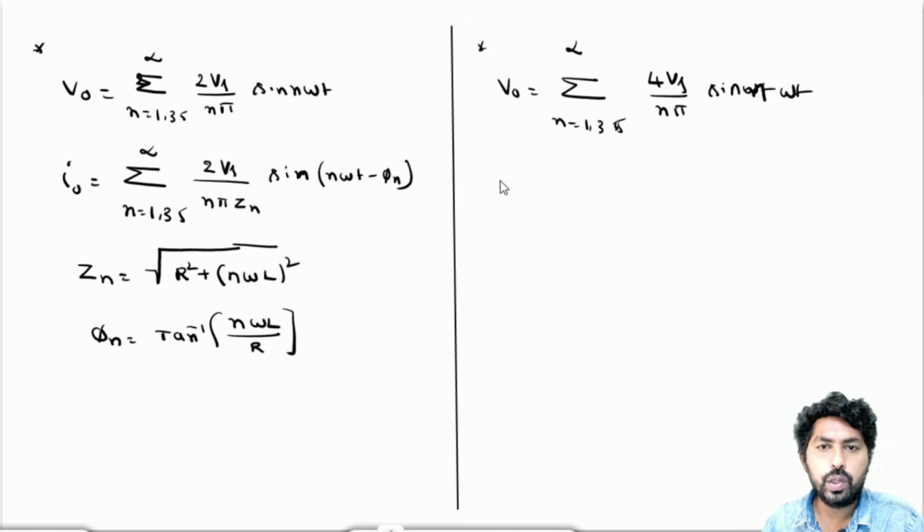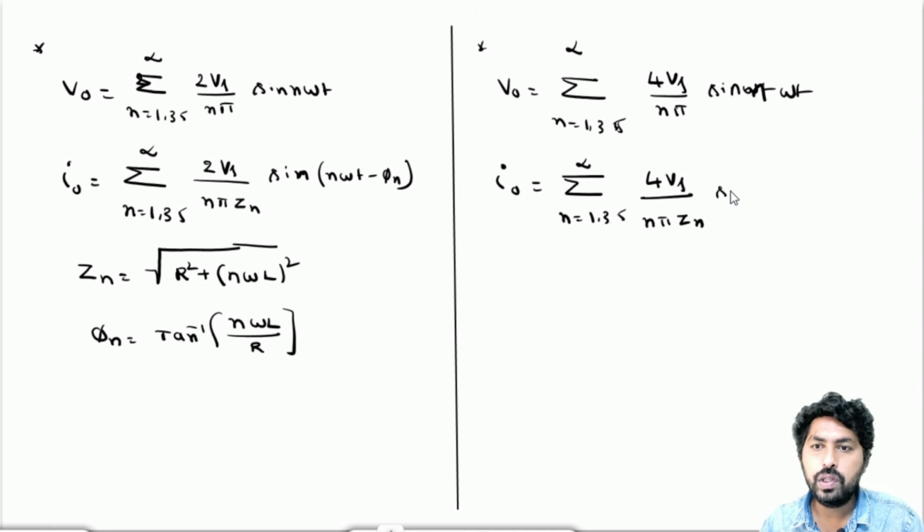So here also, let me write the i0 and v0 expression. The Fourier series expression for i0 will be the sum over n equal to 1, 3, 5 to infinity of 4Vs by nπ into Zn into sin(nωt − φn). Current is lagging, right?